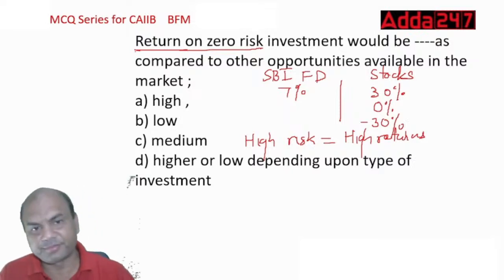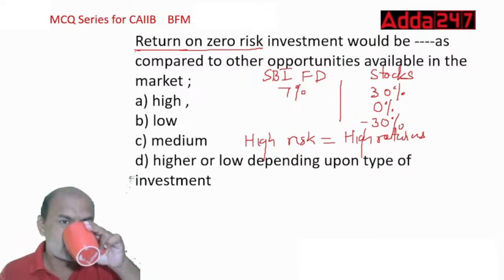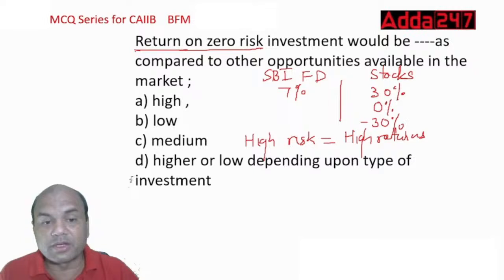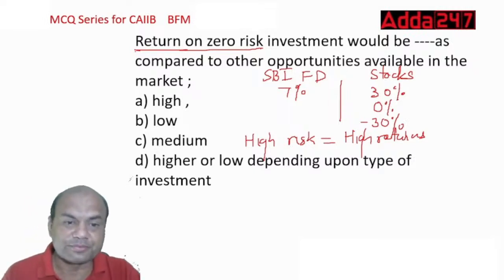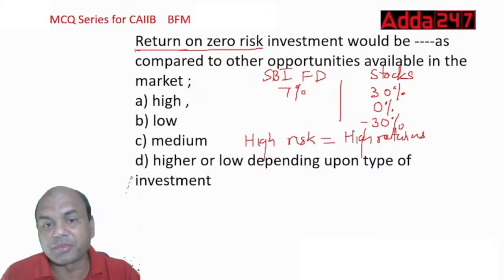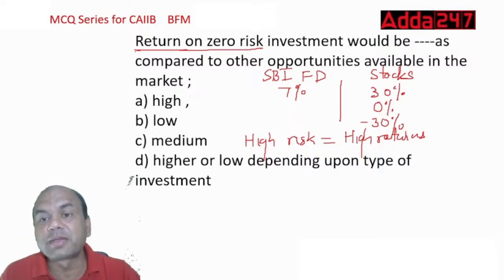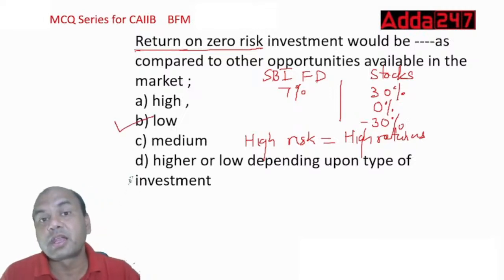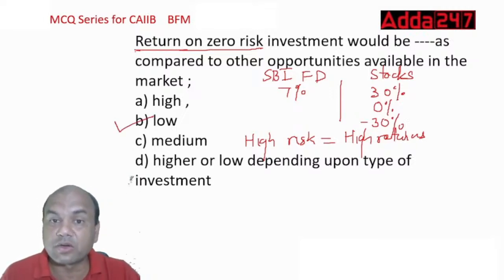What is it? Somebody is typing D. See here, if it is higher depending on the type of instrument, then it becomes the riskier element. We are talking of zero risk. Zero risk will always be low. Treasury bills, T-bills are zero risk instruments.